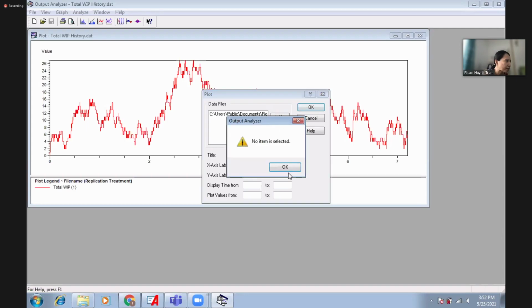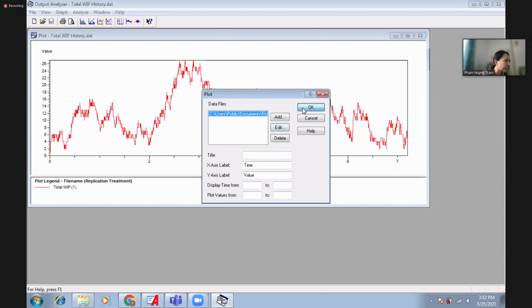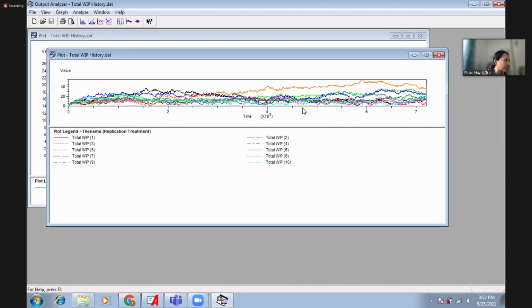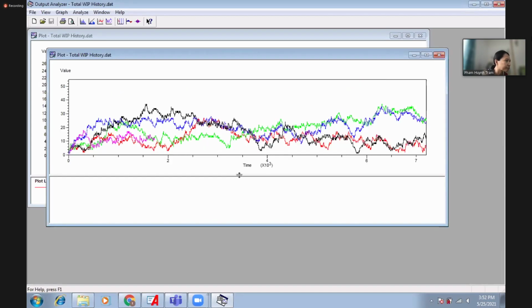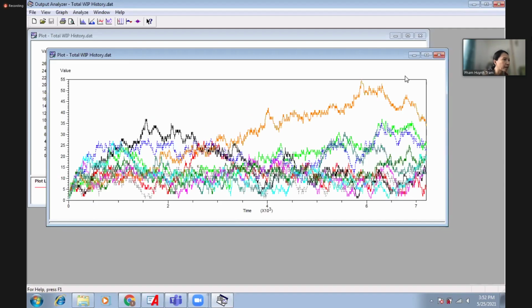The same data file, I have to select it and edit. Okay, and I choose all replications. All right, we can have all the 10 replications here.